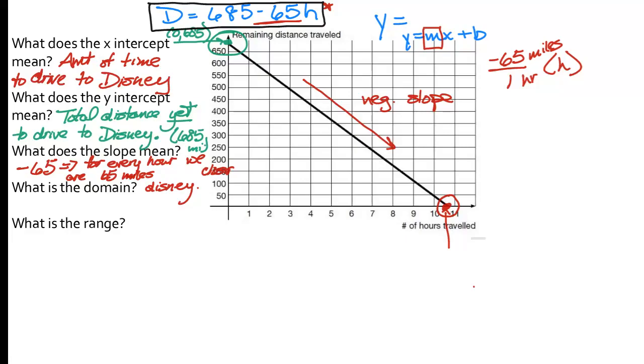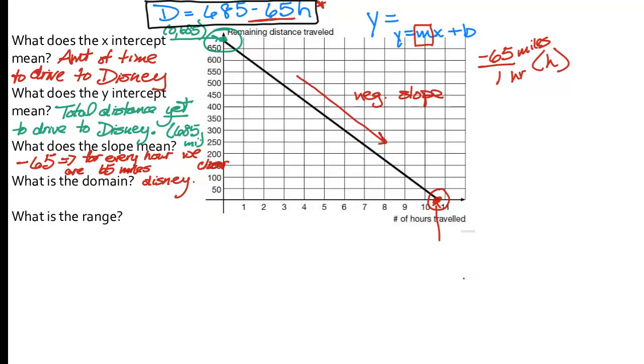Okay, so what is the domain? First of all, what is domain? What does that represent in general? It does have to do with the x. It is the x values of what could be the answer for this problem.